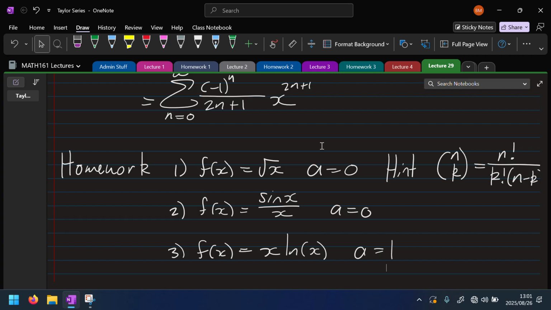Any questions about the homework problems? You're good. Okay. Again, you can try different ways. With the first one and the third one, you could do it from first principles quite easily. Second one, don't do that. Use what we covered today.